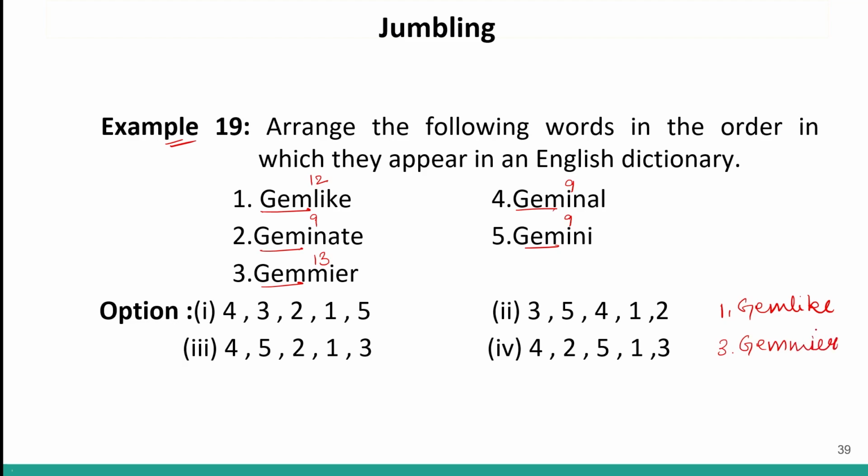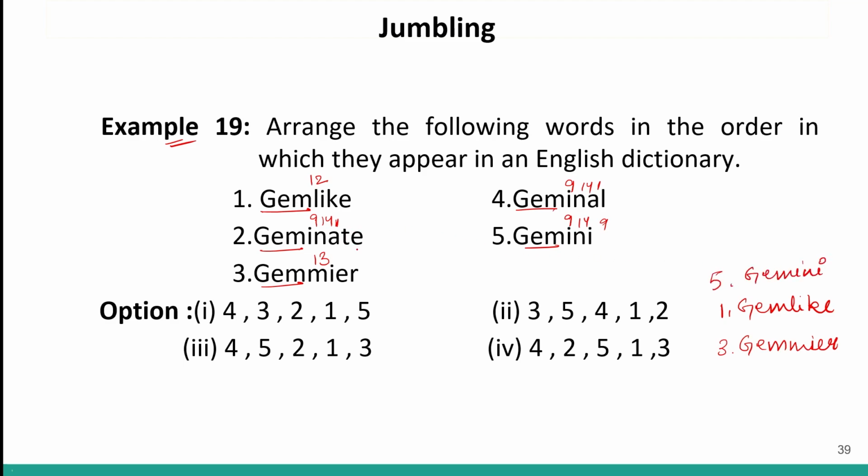This is given to me. Correct? This is how much I know. Then let us look at this one. N is positioned at 14. N is positioned at 14, 14. Same. Let's move on to the next one. A is 1, and over here I is 9. So I know at the third position I'll get Gemini.